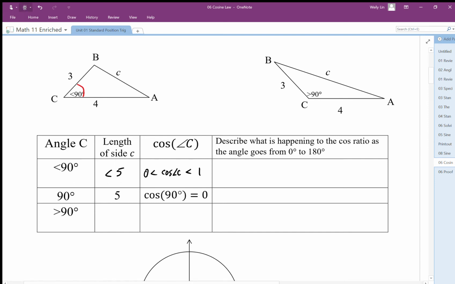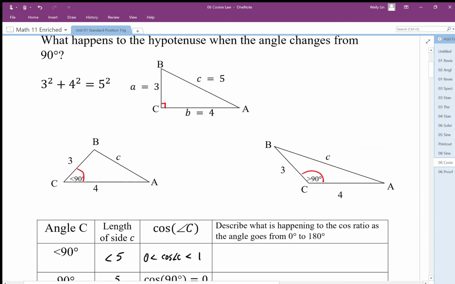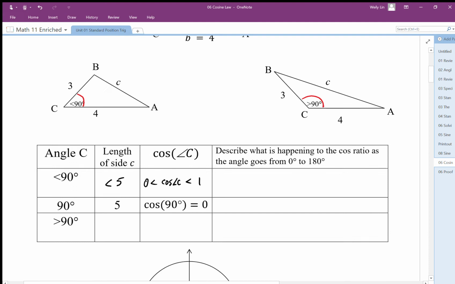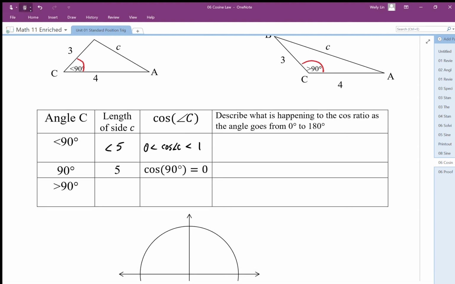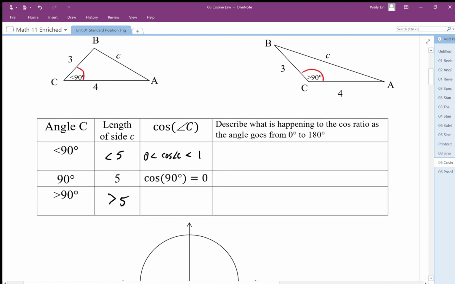So what happens when the angle is greater than 90 degrees? That angle is now obtuse. What's going to happen to the length of side C? We can clearly see that it is longer than that length of 5, so that length is going to be greater than 5. And what's happening to the cosine values?